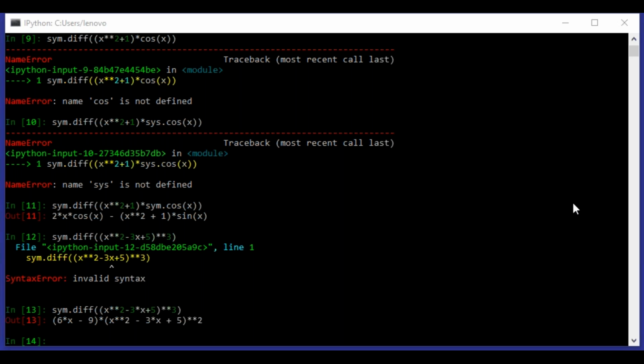Next we will find the derivative of f of x comma y, which is equal to x square y. I have given the function in the chat box. F of x comma y, a multivariable function, is equal to x square y.